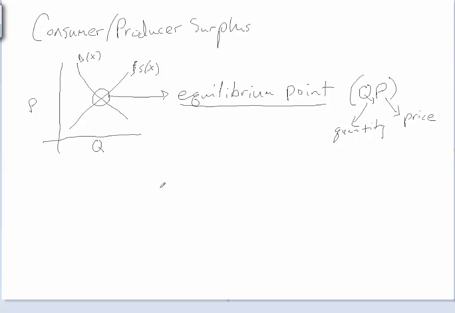And what we can do is find this equilibrium point, and from there we can find consumer surplus and producer surplus. And here's what we're going to do.